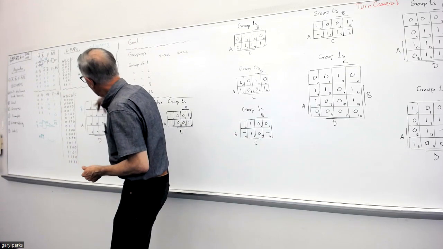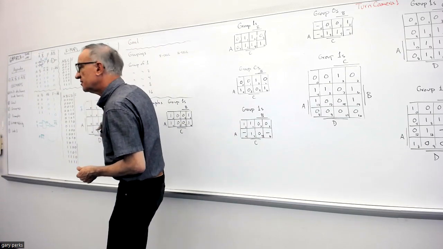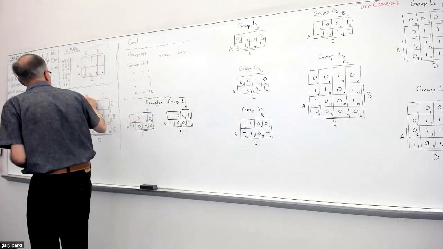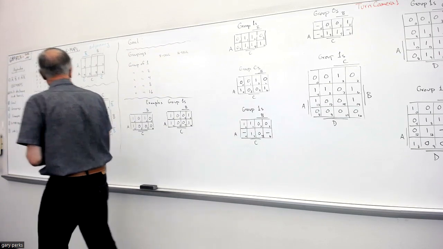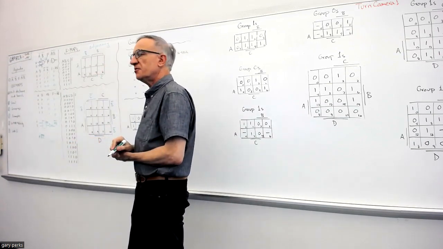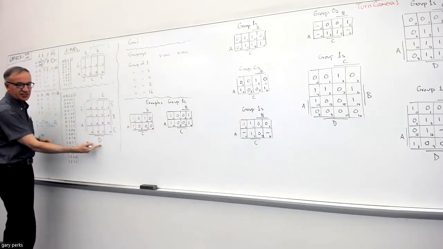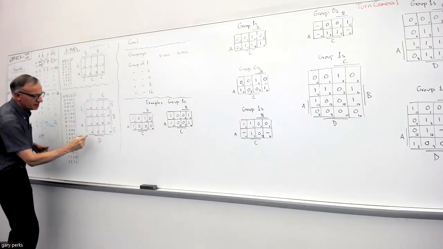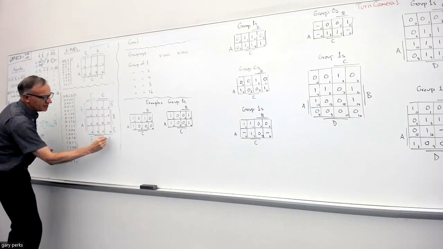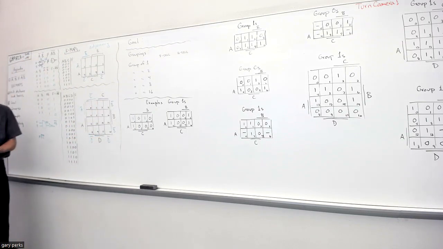For these 2 columns, C is equal to 1. So for these 2 columns, it would be not C, because C is equal to 0 for those binary numbers. For these 2 columns here, D is equal to 1, so that's why you see a D here. So this column would be not D, and this column would be. Right, so that's where the variables come from.